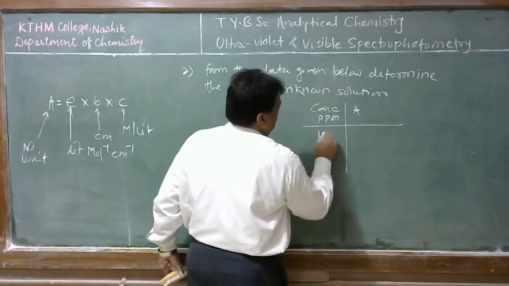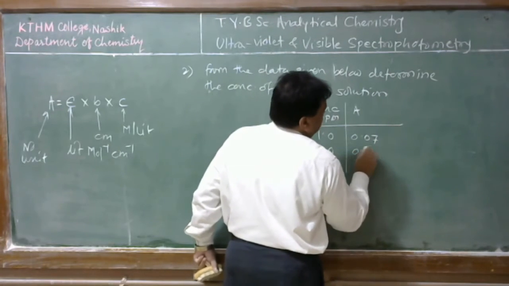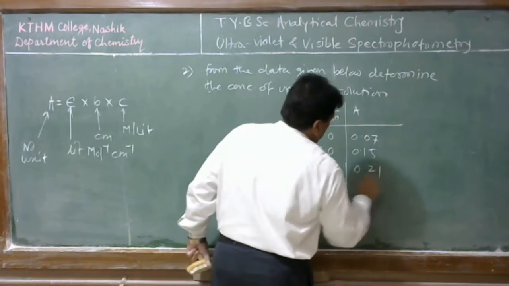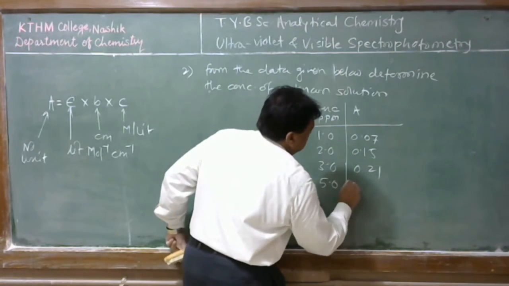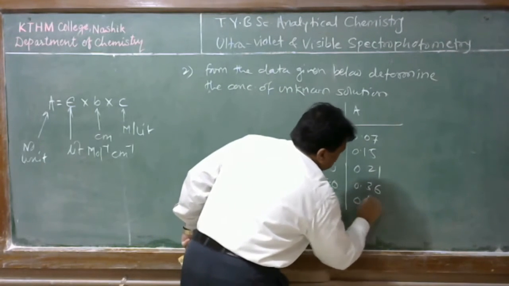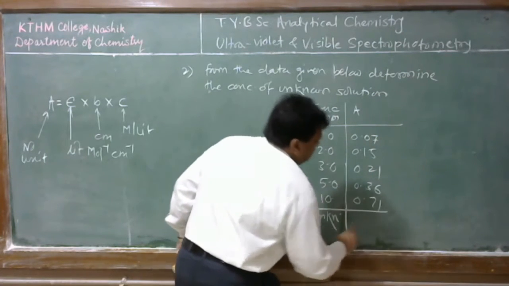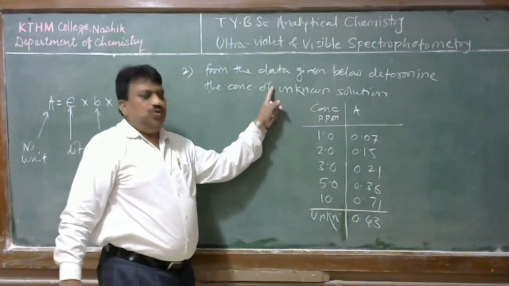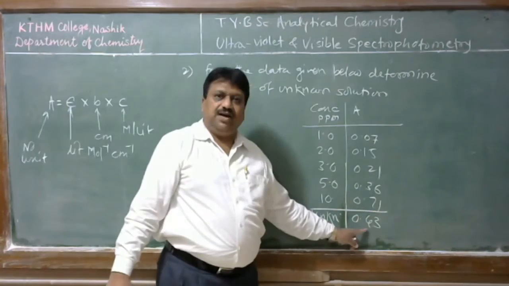For 1 ppm the absorbance is 0.07, for 2 ppm the absorbance is 0.15, for 3 ppm it is 0.21, for 5 ppm it is directly given as 0.36, and for 10 ppm it is 0.71, and the unknown is given an absorbance equal to 0.43. This much information is given to you. From this you have to find out the concentration of the unknown.